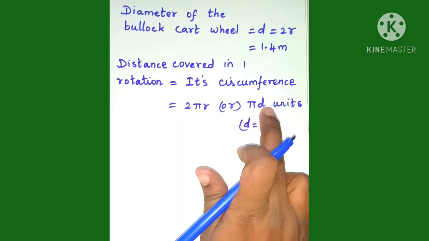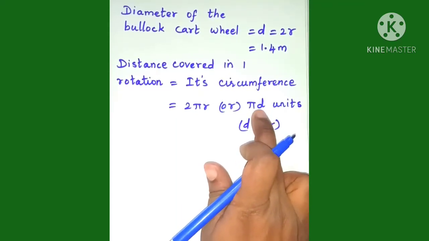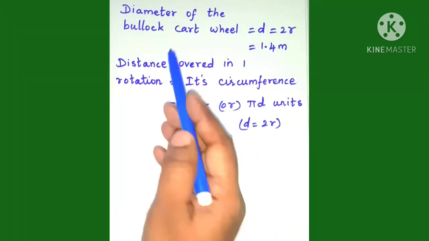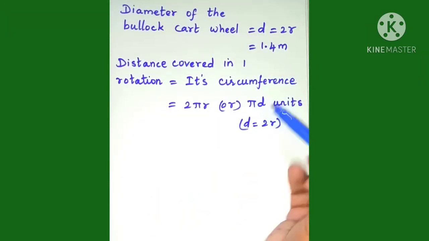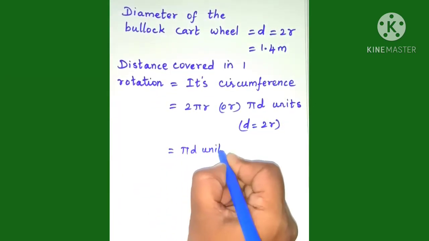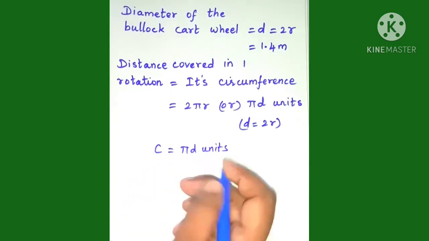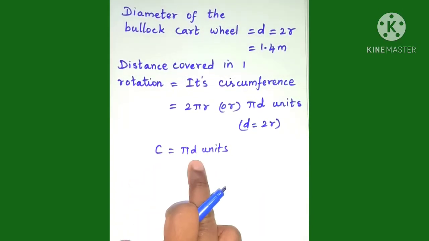And when d is given, we can use pi d, this formula. So it will be easy. So now here the diameter is given. So we can use this formula pi d. So the circumference of the bullock cart wheel in one rotation is pi d.